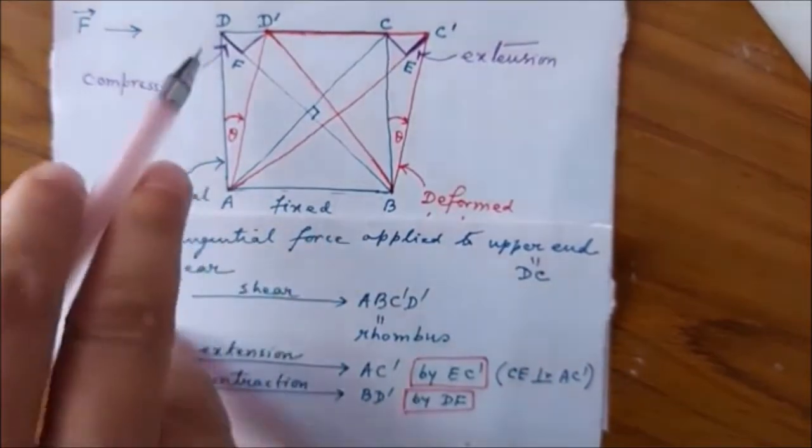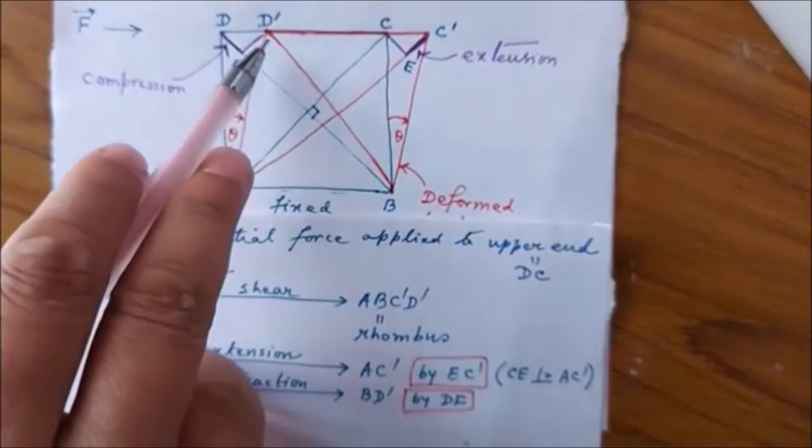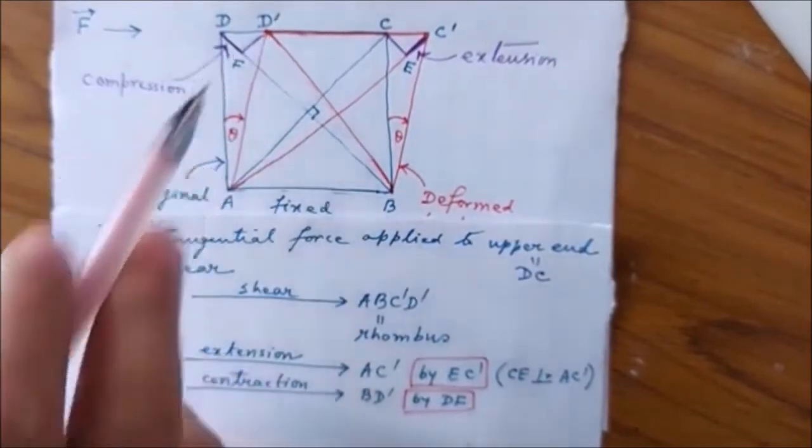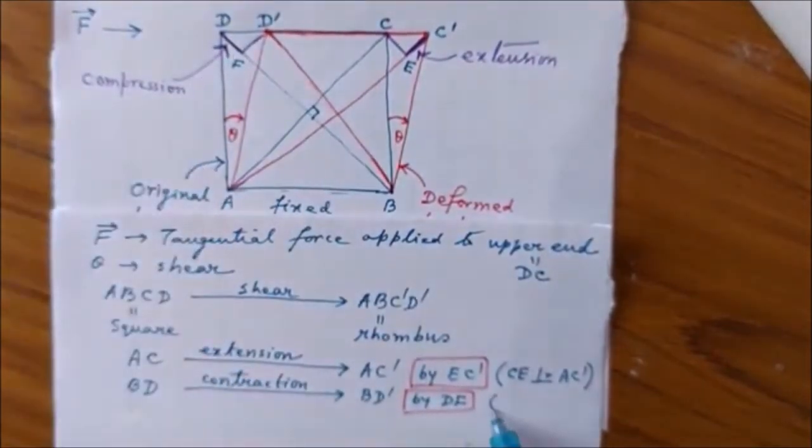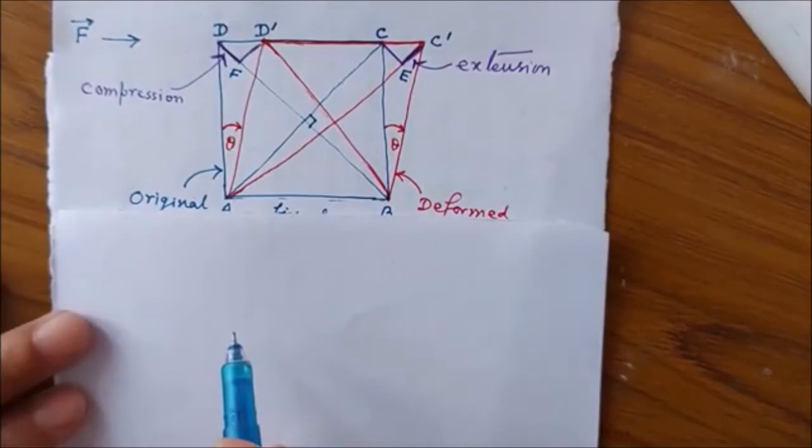So BD is shortened to BD prime by this amount, and this was obtained since we dropped a perpendicular D prime F to the diagonal BD. Let us write down the strains.